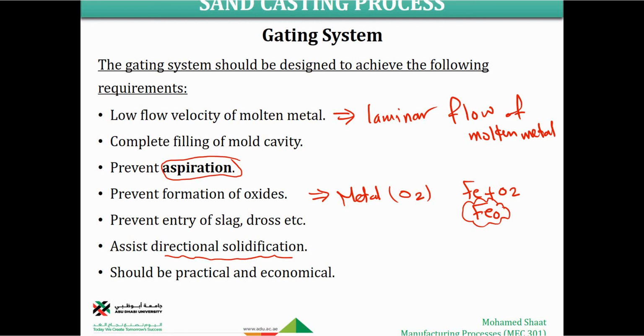So directional solidification means that we can control somehow which part or piece of the molten metal should be solidified first, and which should be solidified next. This is directional solidification. And this basically depends on the direction and the size of the casting.